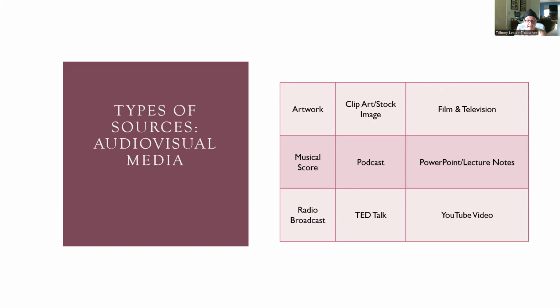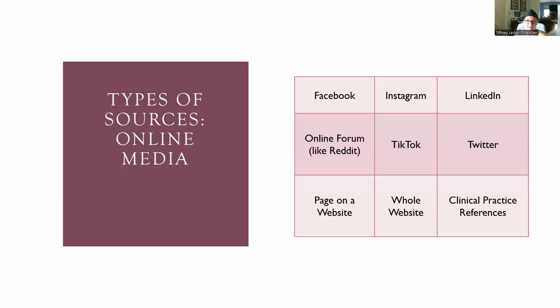So again, it's not super essential that you understand exactly where each type of source falls in these categories. It's just recognize that there are categories, and it will make it easier to find what you need when you're searching for information on how to format each type of source, right?